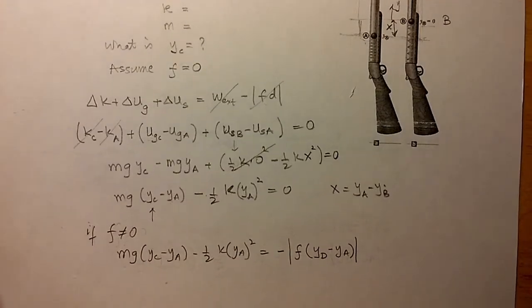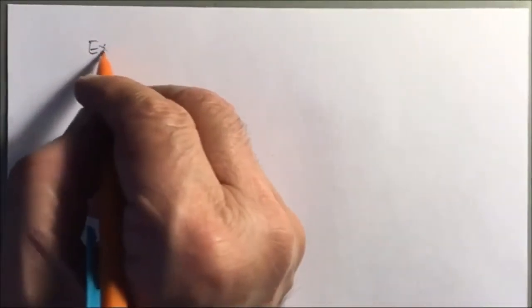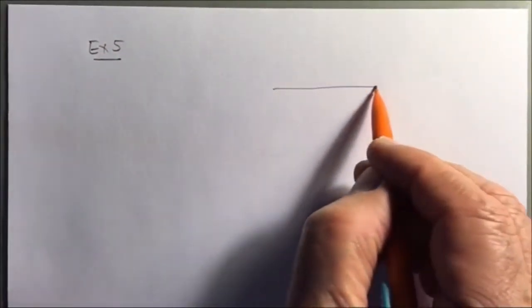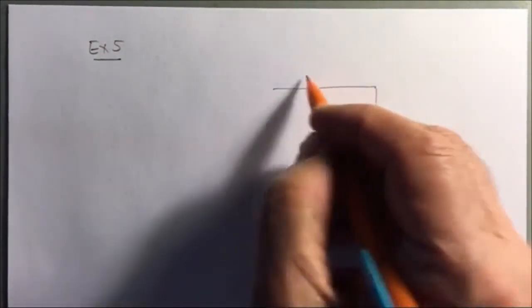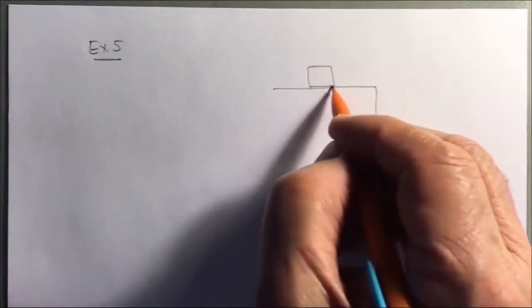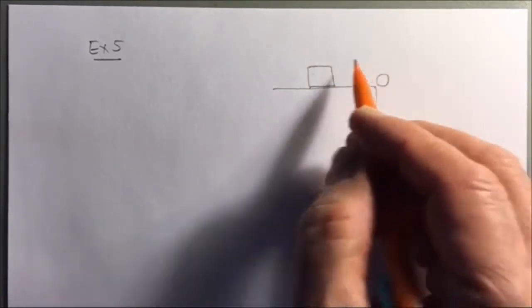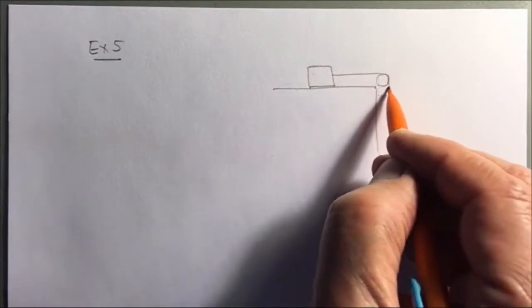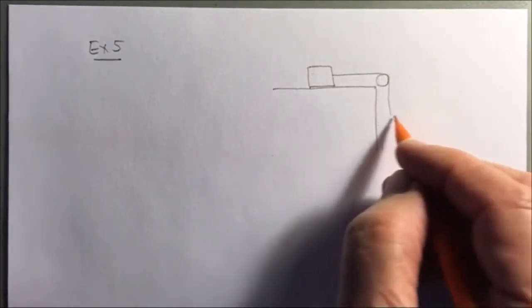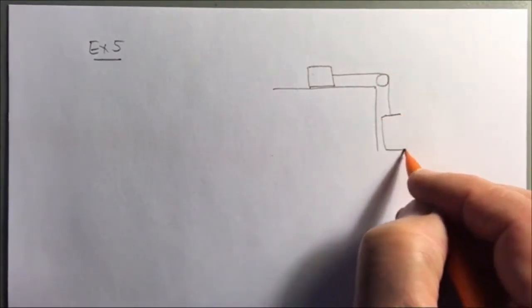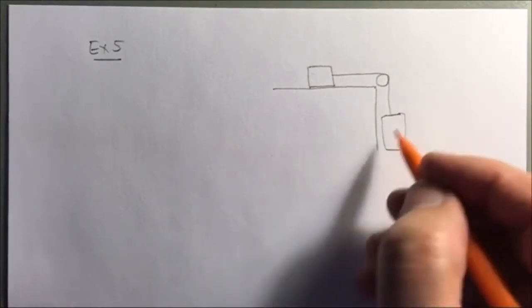Now, the next example we consider is a horizontal surface with a weight sitting here, a pulley here, and a string going over the pulley, and we have a bigger mass here. Well, it doesn't have to be bigger.